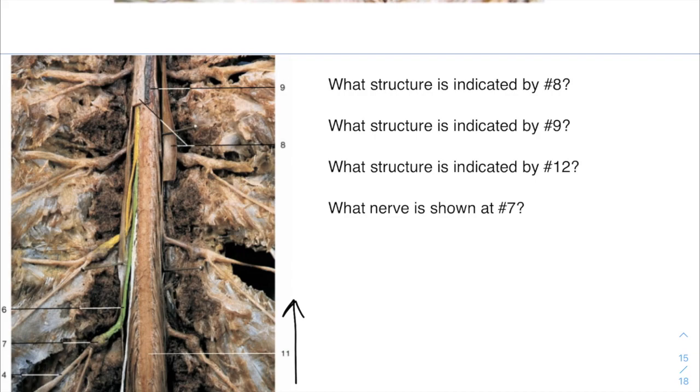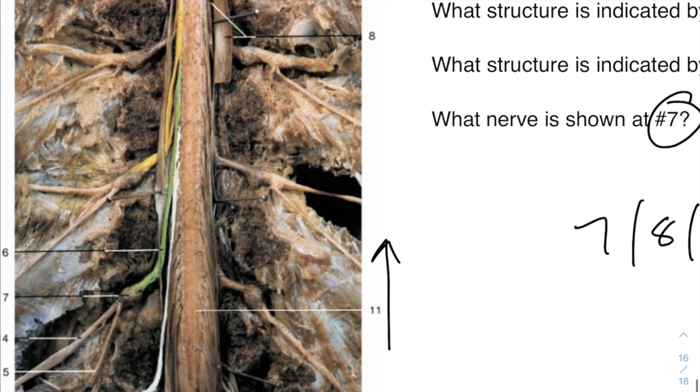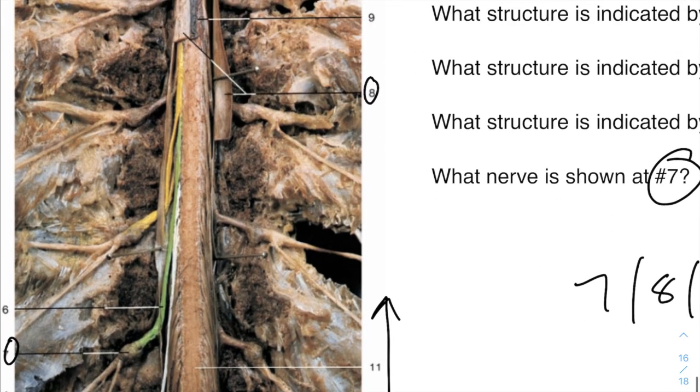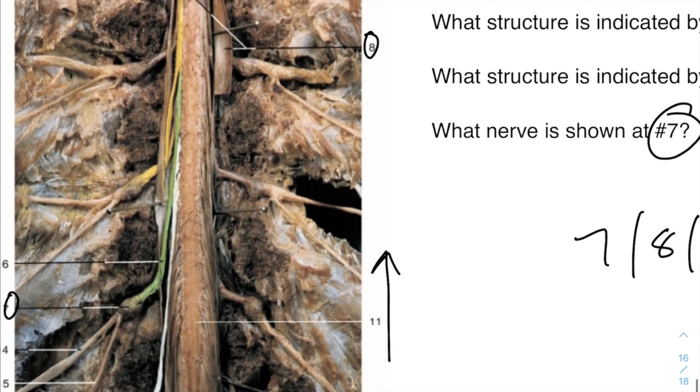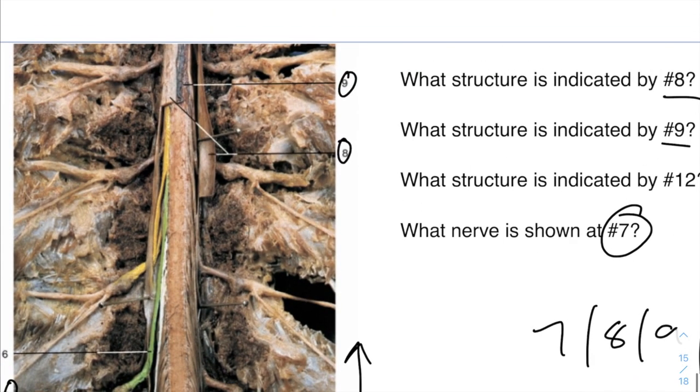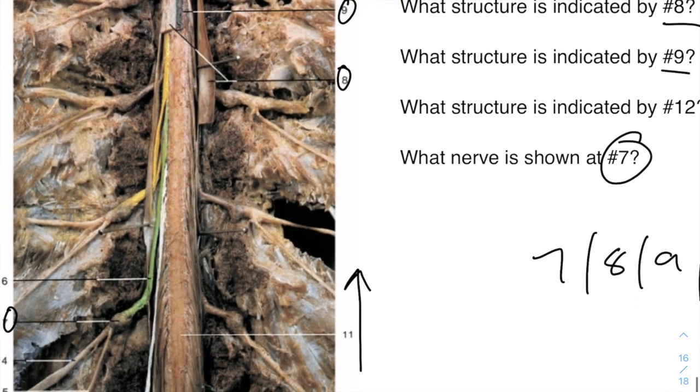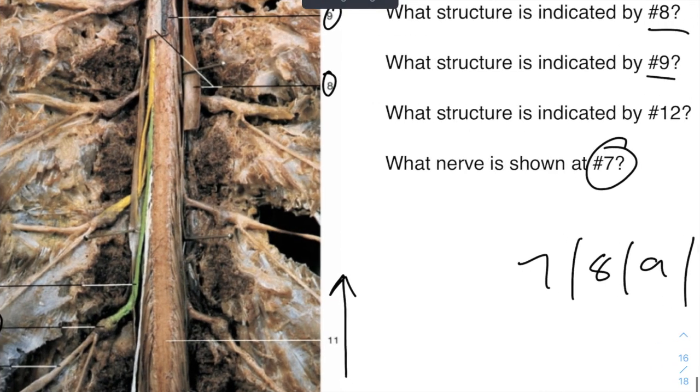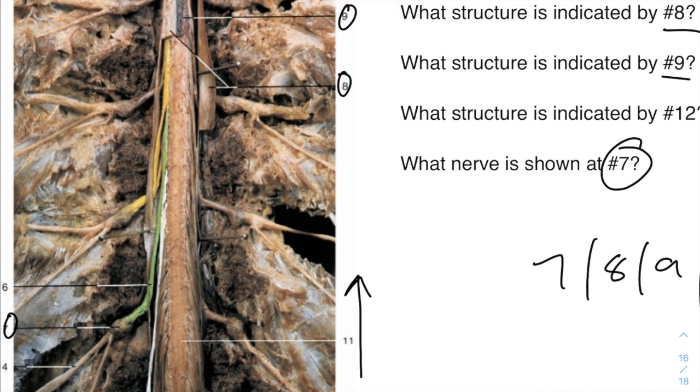So there's 4 structures here that we have to take note of. Let's start with 7, 8, 9, and 12. So 7 is going to be right here, 8, 9, and 12. All right. Okay, so this is 7.